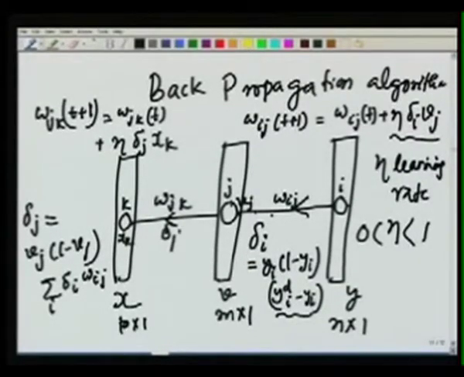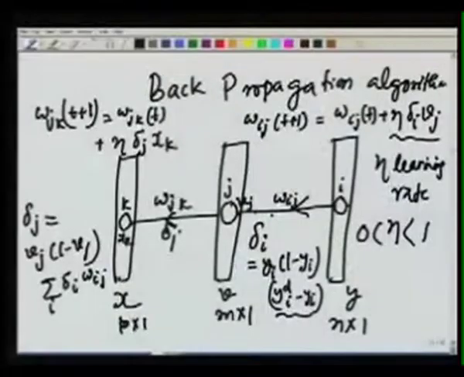Delta j is being back propagated through this particular connection weight from the output layer. It is very important to understand. And delta j is multiplied by xk, where xk is the input to this connection weight. So, you can easily say that the error back propagated through a connection weight, multiplied by the input to that connection weight and by a learning rate, gives you the back propagation rule, and it is a very simple rule. Using this delta rule concept, we can write down the back propagation algorithm for any layered network, and that is what we will write in the next one.